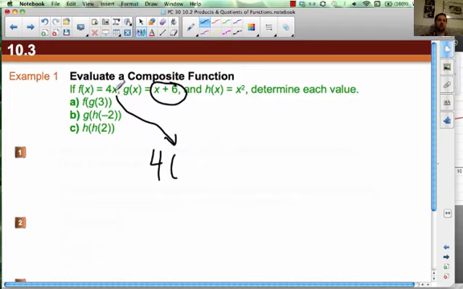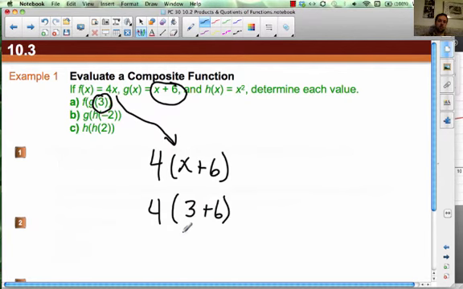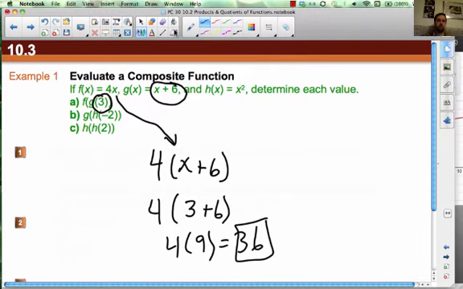So instead of x, we write now x plus 6. Now let's see if 3 will give us the same value. So 4 times 3 plus 6 is 4 times 9, and of course we get the exact same value as before.